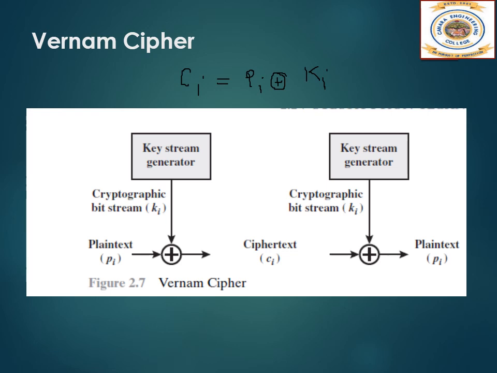Here Pi is the ith binary digit of plain text, Ki is the ith binary digit of the key, and Ci is the ith binary digit of ciphertext, and ⊕ is the XOR operation. So the ciphertext is generated by performing the bitwise XOR of the plain text and the key. Because of the properties of the XOR, the decryption simply involves the same bitwise operation.